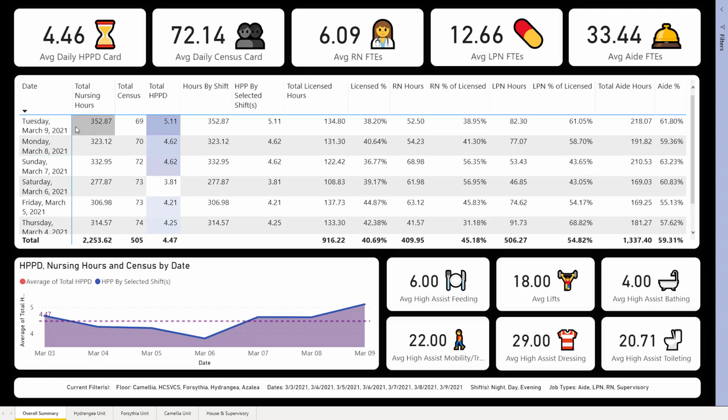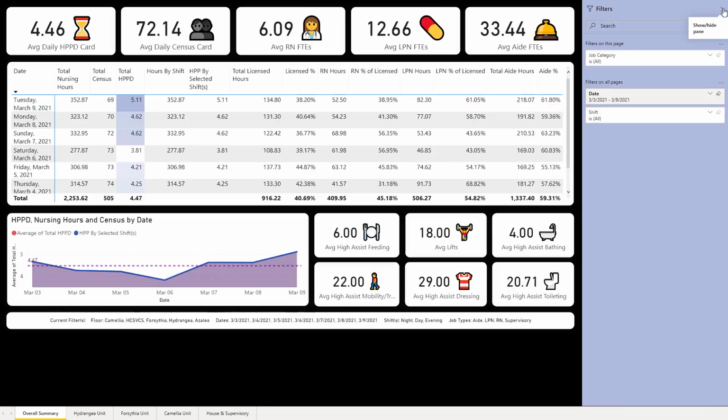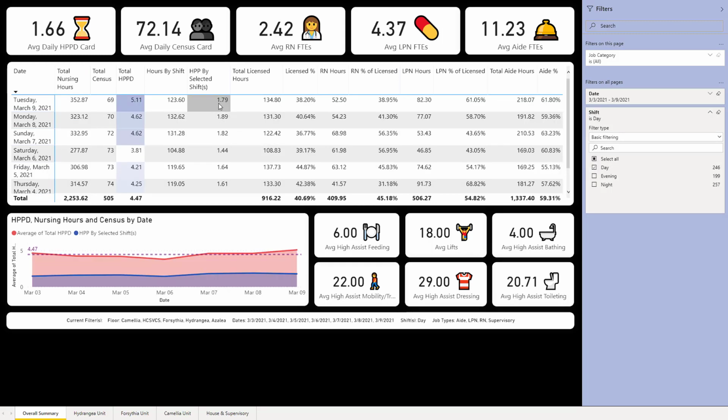This middle screen essentially gives you by day your total nursing hours, the census, and the HPPD. It gives you hours per shift, HPPD by selected shift. So maybe you're just trying to see which shifts. So I could actually go over here, change my filter, and just sort by day shift, and it's going to show me hours by day shift.